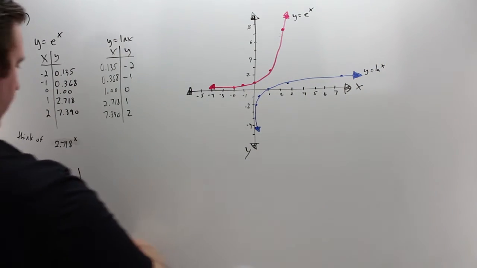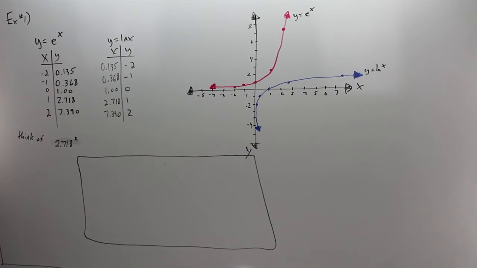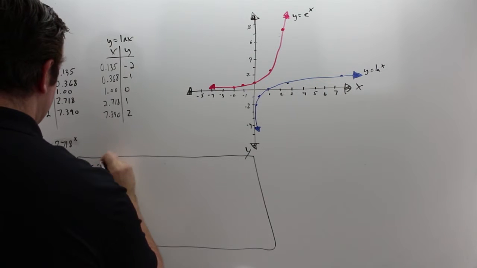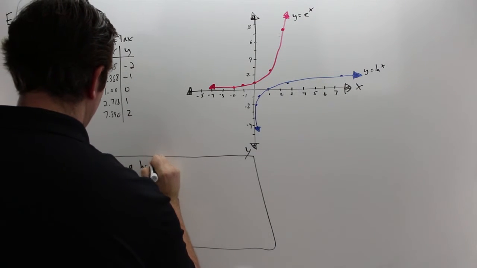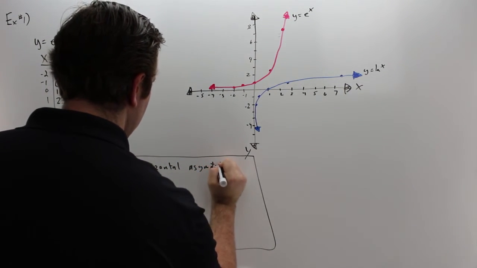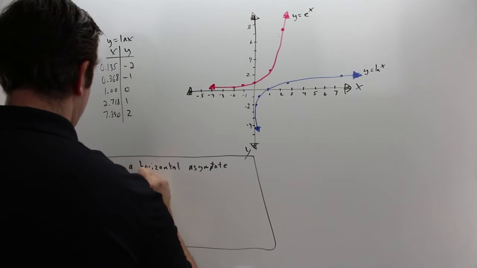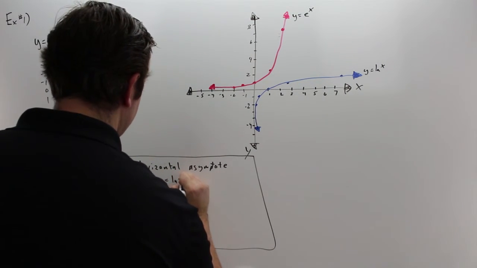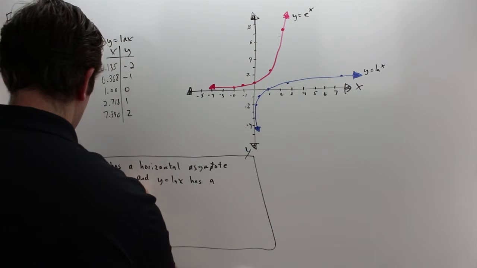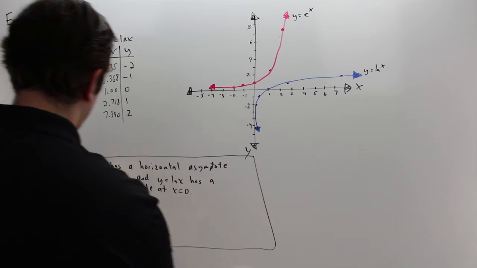So here are the connections we can make, and they're all just your standard connections you're going to make with any inverse graph. y equals e to the x has a horizontal asymptote at y equals 0, and y equals ln x has a vertical asymptote at x equals 0. That's point 1.